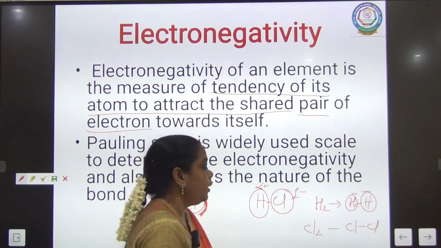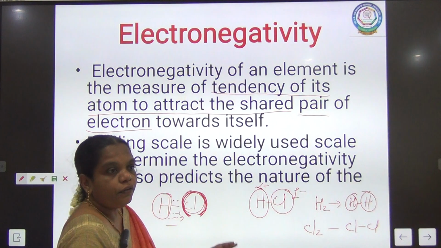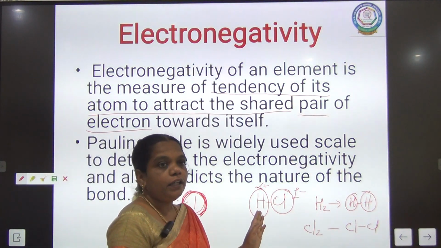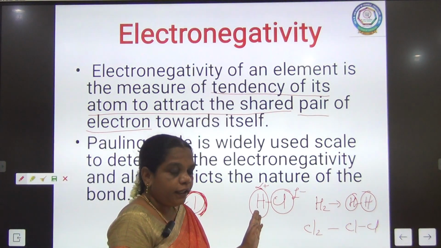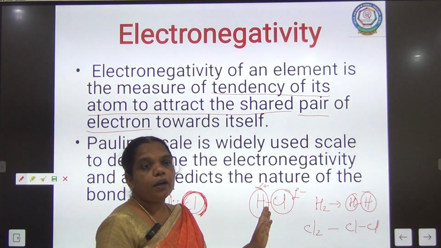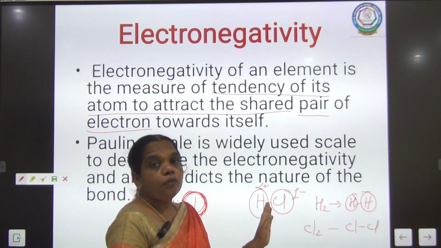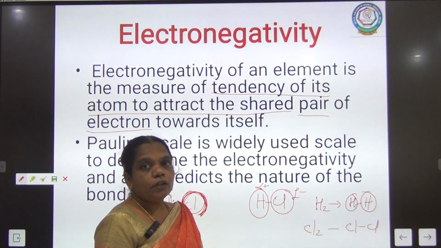Only if the atoms in a molecule differ in electronegativity does the more electronegative atom attract the shared pair towards itself to form partial charges.